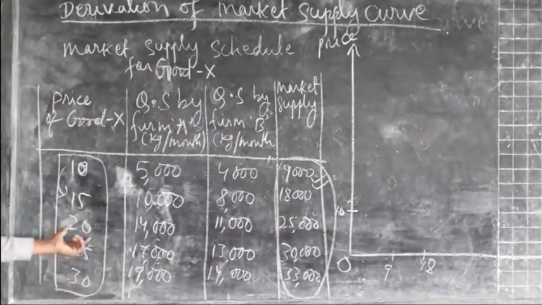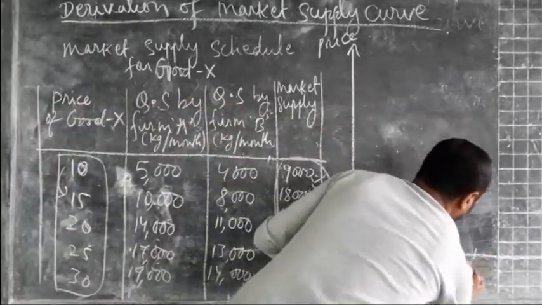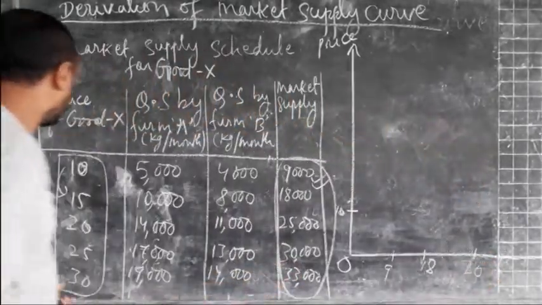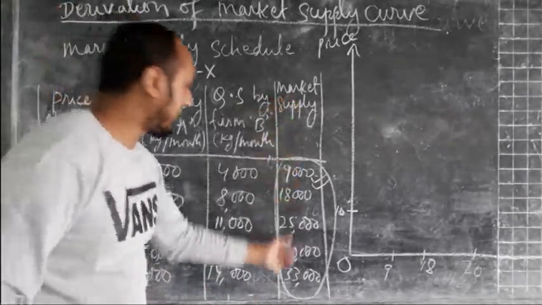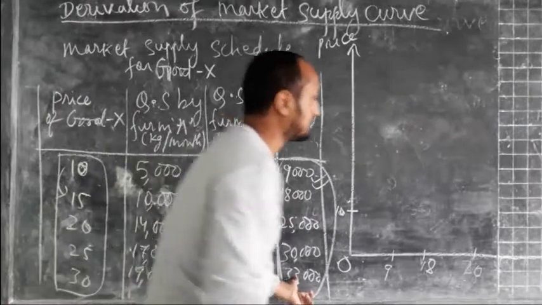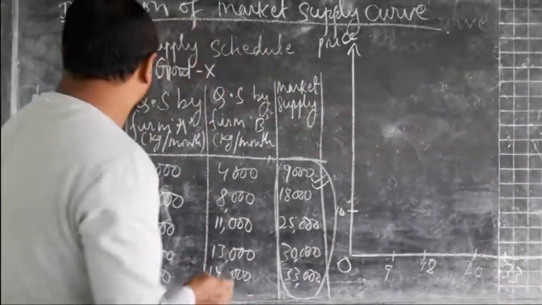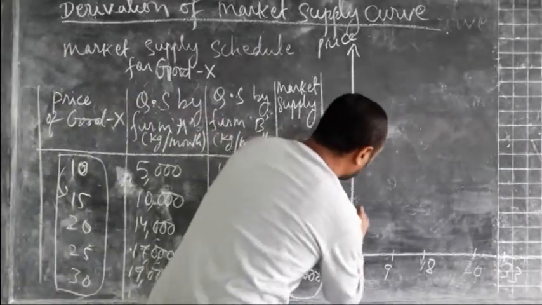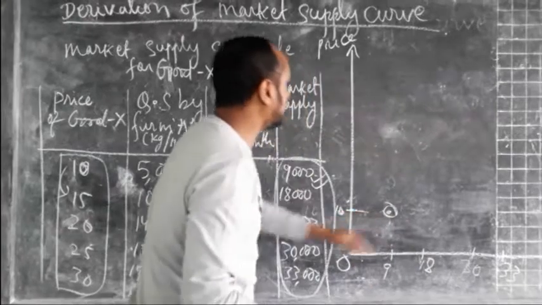Now when price is 20, the quantity supply we have is 30,000. Suppose this is our 30,000. When price is 30, the quantity supply or the market supply we have is 33,000. So suppose this is our point 33. Now when price is 10, the market supply is 9,000.